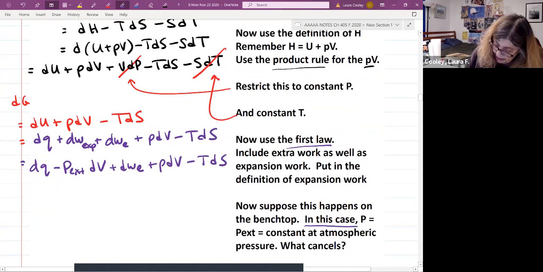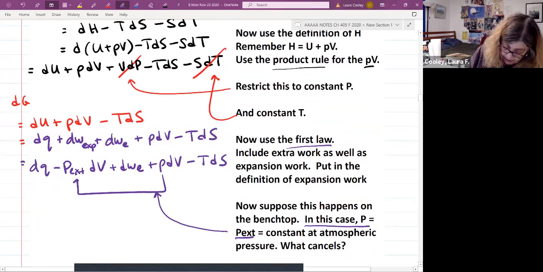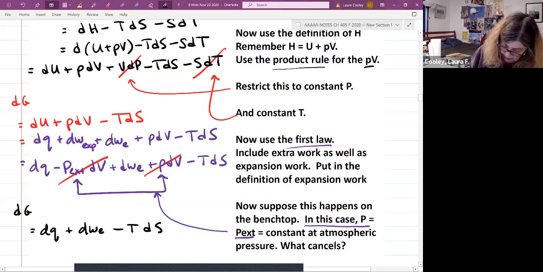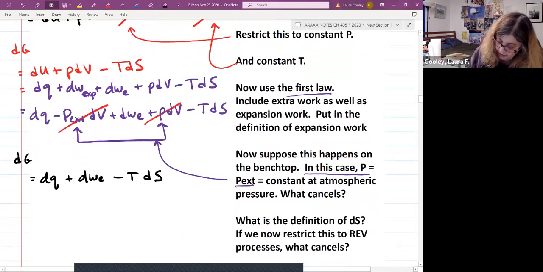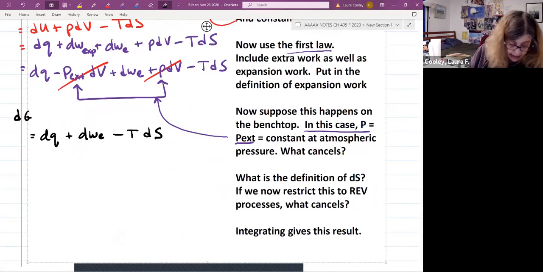Now let's have mechanical equilibrium here. P equals P external. So that allows me to get rid of these two terms. So now I have dG is... So now let's put in the definition of dS.